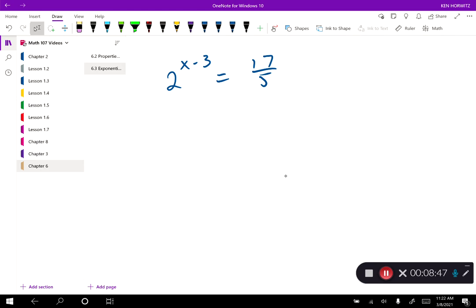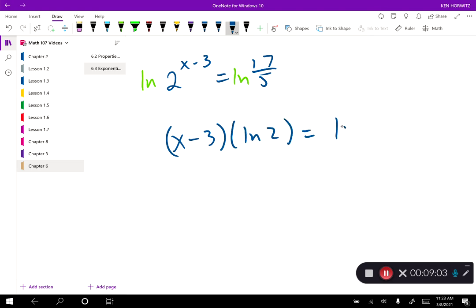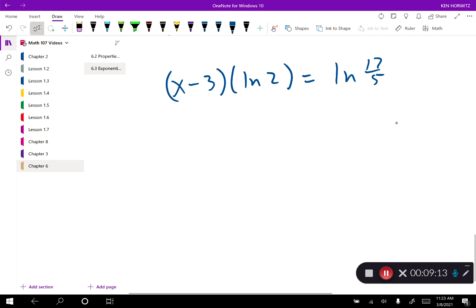So I'm going to take the natural log of both sides. And let's see how this works. So I'm going to use my power property to say x minus 3 times ln 2 equals ln 17 over 5. Now, there's a couple of different ways we can go with this, but I'm going to use my quotient property, just because we just did it in the last section.